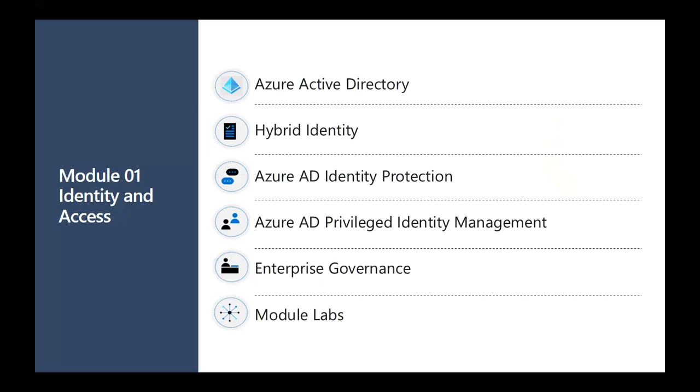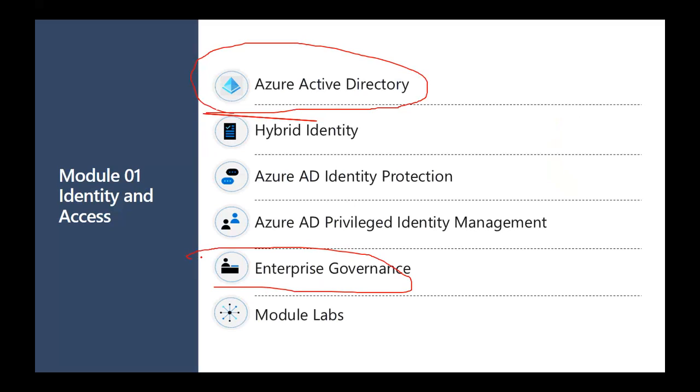But for this day number one, we're going to discover more about, again, identity and access. These are the topics that we're going to talk about in day number one. We're going to cover Azure Active Directory. We're going to talk also about other important features like enterprise governance, and identity protection.